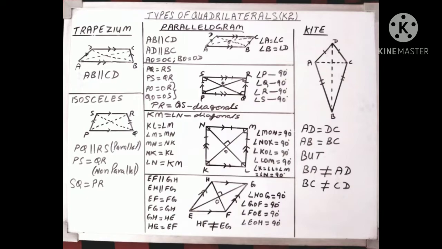This you can say that it is a twisted square sort of, right? This figure is called a rhombus. So we have a rhombus EFGH.